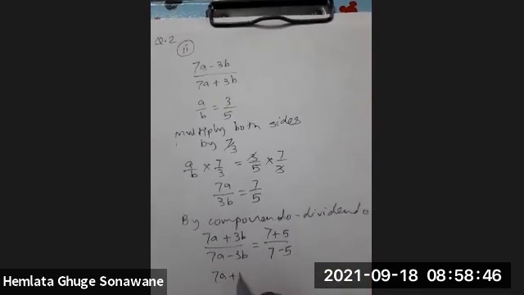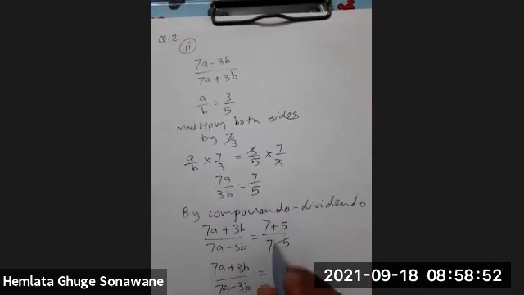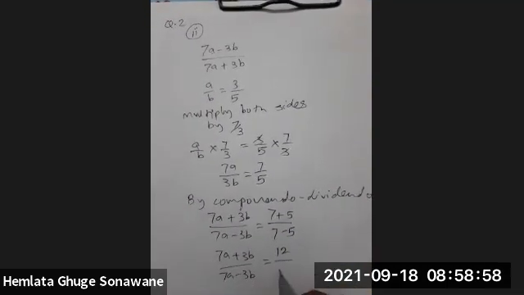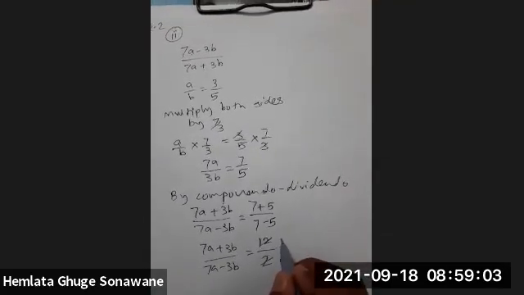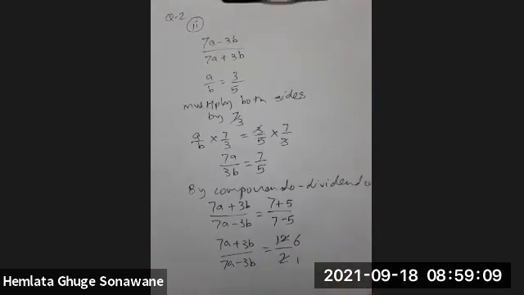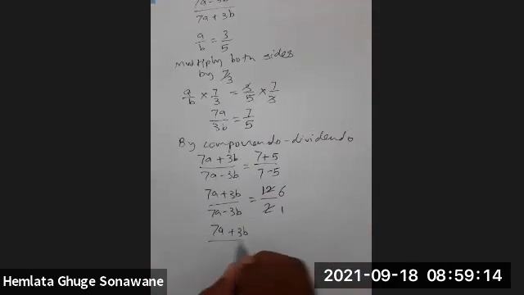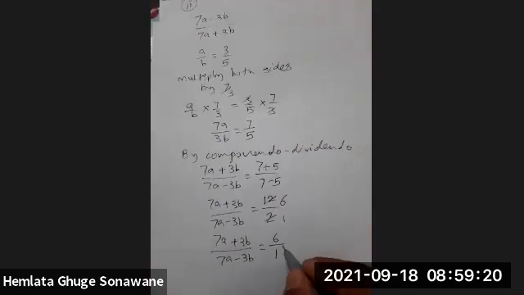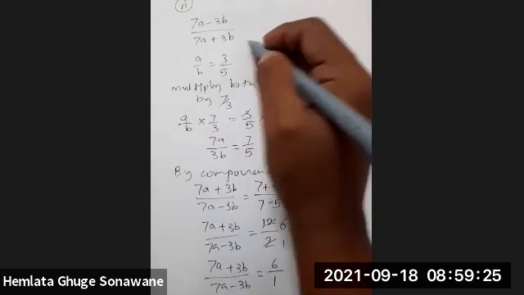So 7a plus 3b upon 7a minus 3b is equal to 7 plus 5 is 12 and 7 minus 5 is 2. Here we can simplify, 2 ones are 2 and 2 6s are 12. Okay, so we have got 7a plus 3b upon 7a minus 3b is 6 upon 1. But our question is 7a minus 3b upon 7a plus 3b.